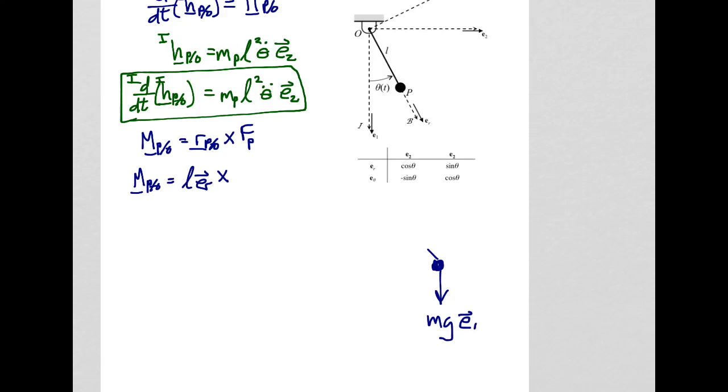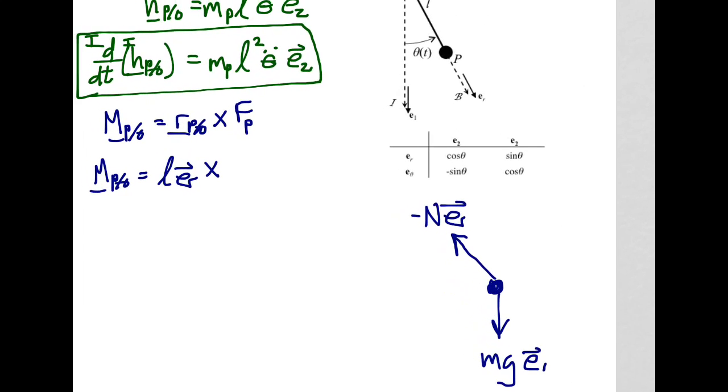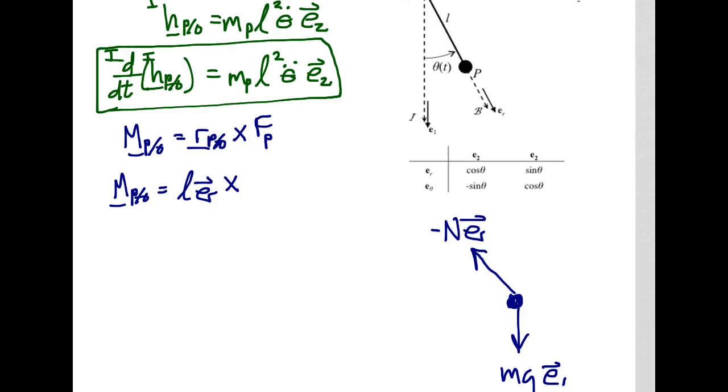And then we need to add a normal force, and our normal force is going to be pulling on the mass, so this is a minus in the ER direction, pointed back toward O, from point P to point O. And so let's finish our expression for our moment, where we have L in the ER direction crossed with all these forces, which is negative in the ER direction, plus mg in the E1 direction.